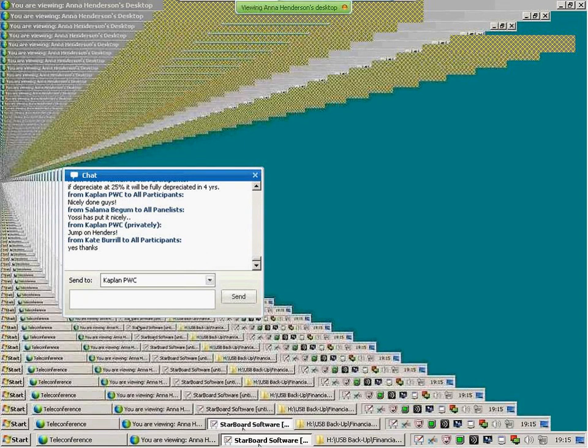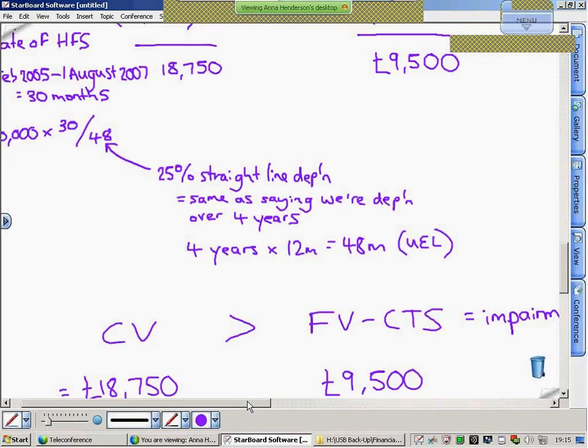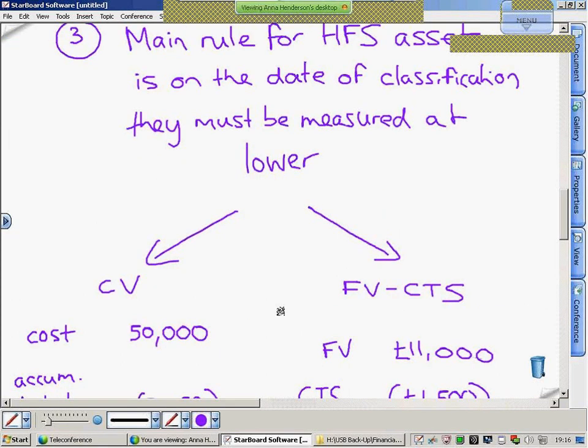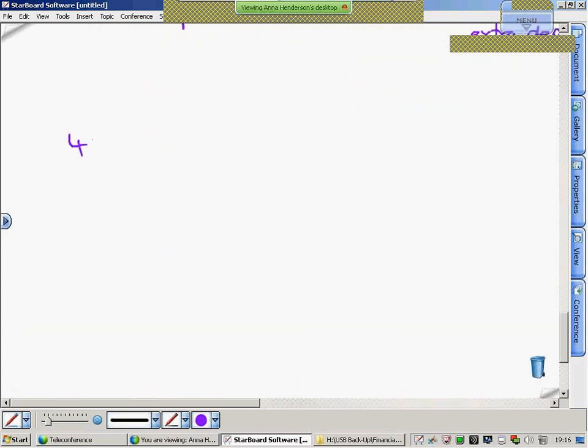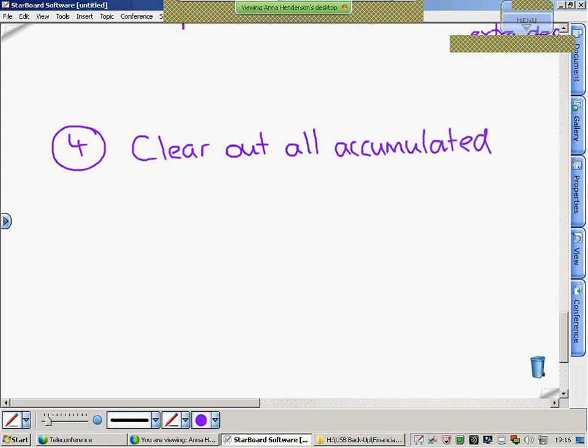Look at our held for sale asset. So you guys need to work out what is the depreciation in the year, and for the PP&E note, you need to clear out all accumulated depreciation.